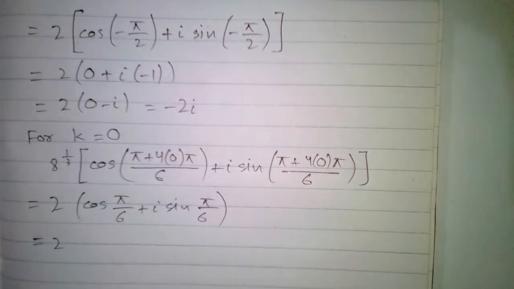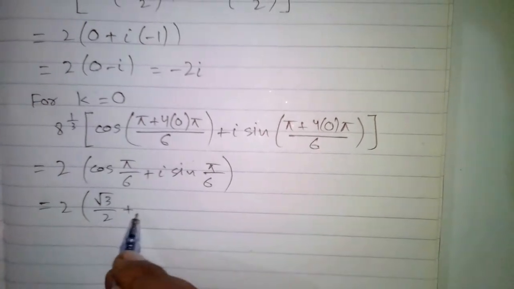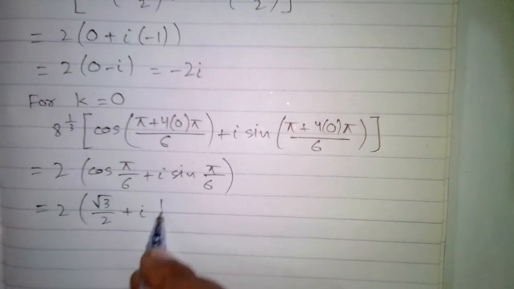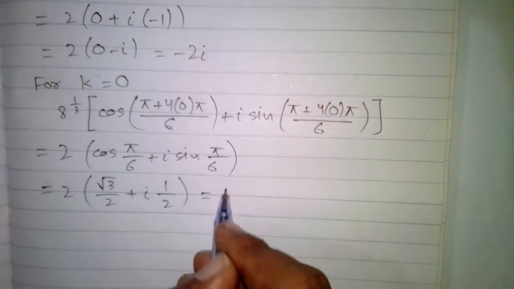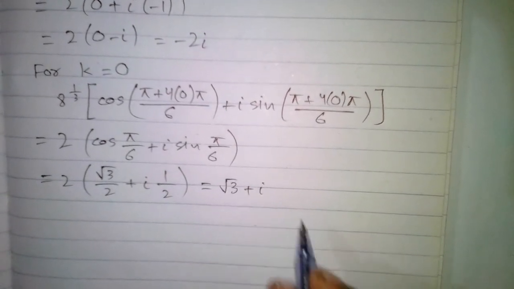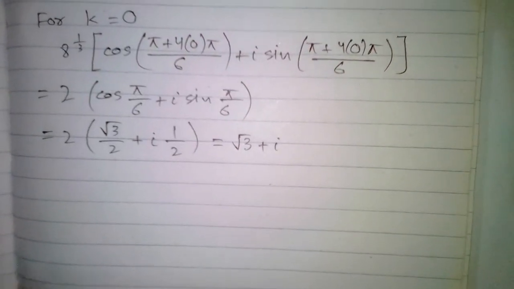And cos pi by 6 is root 3 upon 2 plus iota sine pi by 6 is 1 upon 2, and then we will multiply it by 2, so we have root 3 plus iota. So this is the second root of 8 iota.